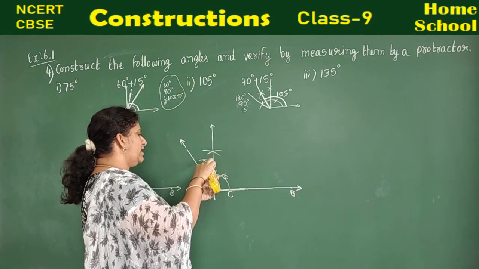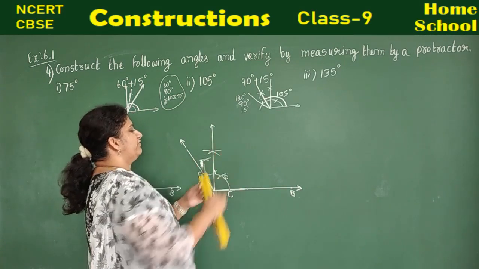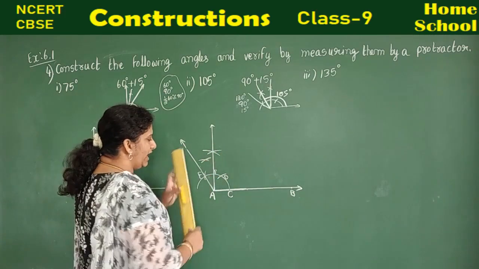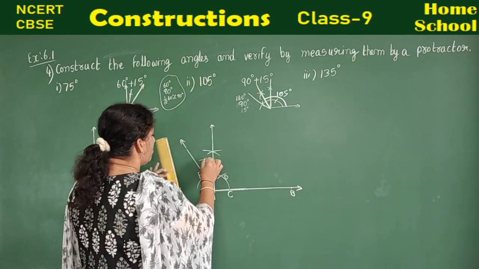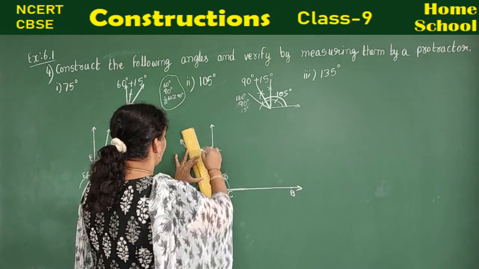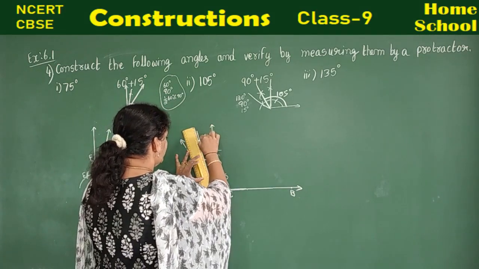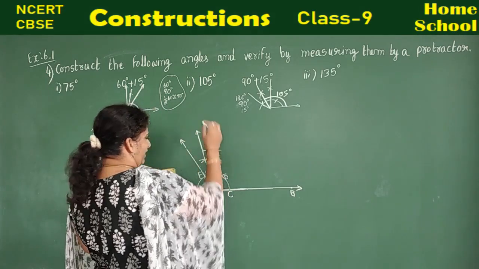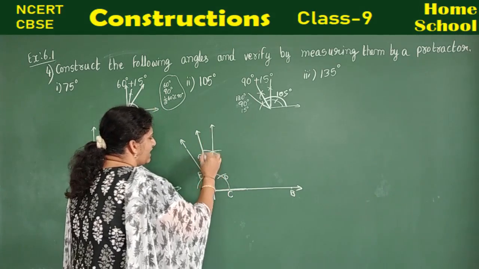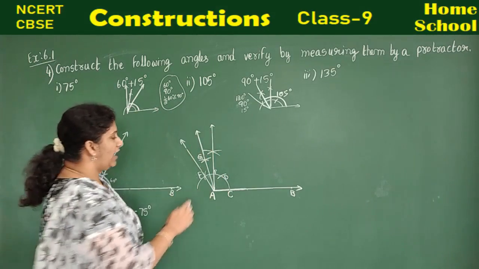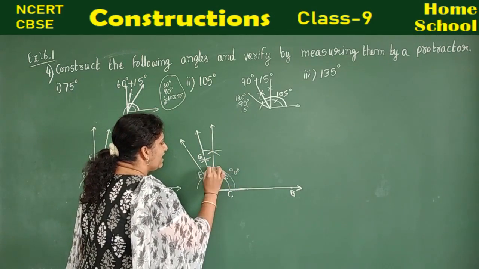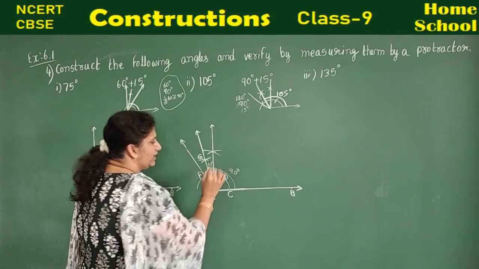From E and F as center, draw an arc and cut the arc. You are going to get an intersecting point. From that point, if you try to join and extend, you are going to get a ray. Mark this as G. Now, this angle is 90 degree and this angle is 15.